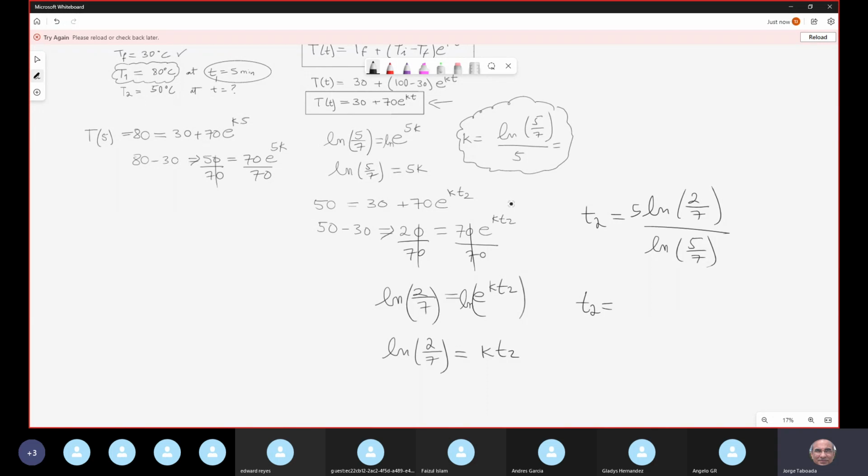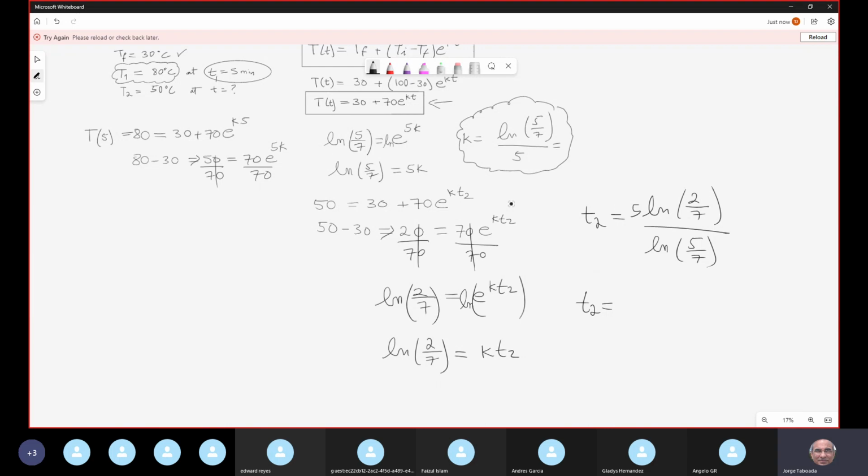I suppose everyone has a calculator. So you put in your own calculator, 5 multiplication, natural logarithm of 2 over 7, divided by another natural logarithm in the bottom of the 5 over 7.